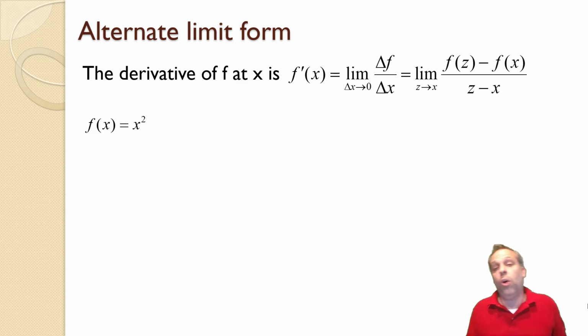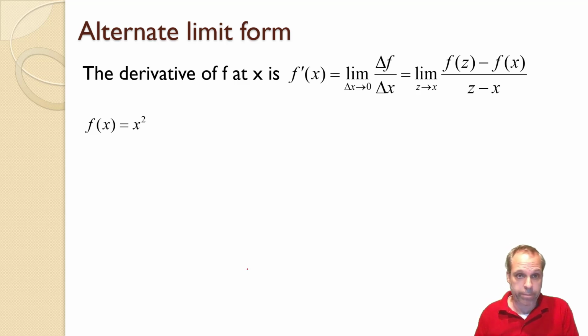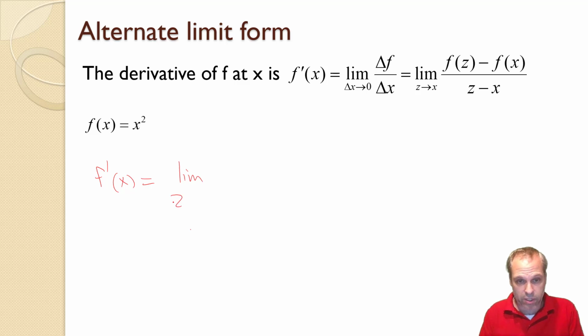Let's go ahead and use this alternate form to find the derivative of f of x equals x squared. In that case, the derivative would equal the limit as z approaches x of f of z minus f of x all over z minus x.